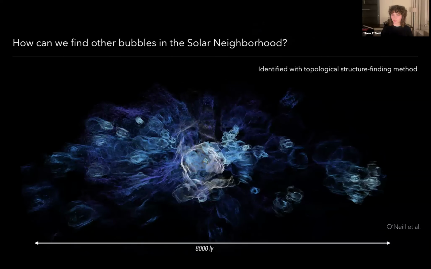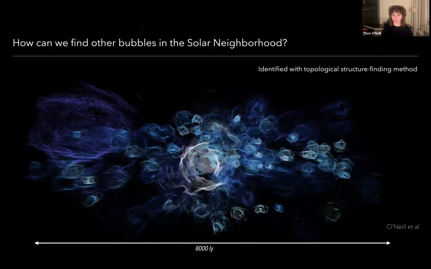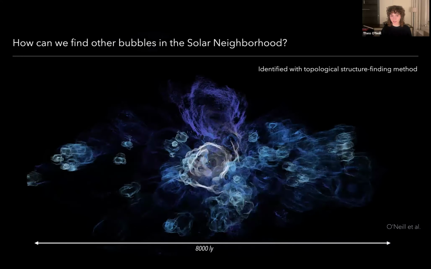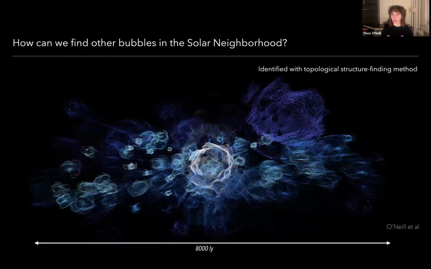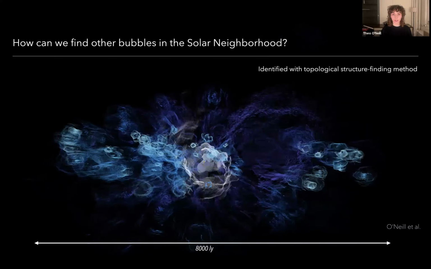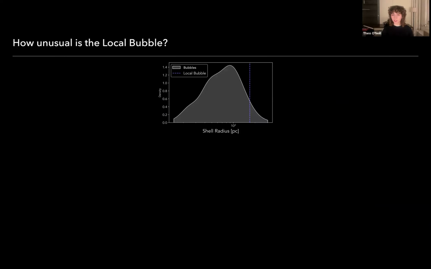This is exciting, not just from the perspective of building up a statistical sample of bubbles, but it also allows us to try and pin down how unusual the local bubble is within this population. And so just a few examples of these sort of metrics. The plot that I'm showing here is the overall distribution of sizes of bubbles that we've identified.